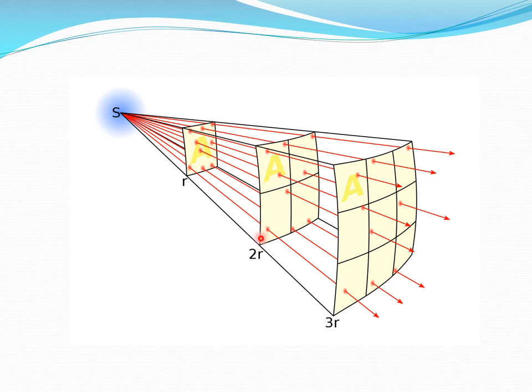So you have the same amount of light, but over a larger area. And then at distance 3, again, you have the same amount of light rays, but they are now spread over an even greater area. So you'll find that it appears less bright.